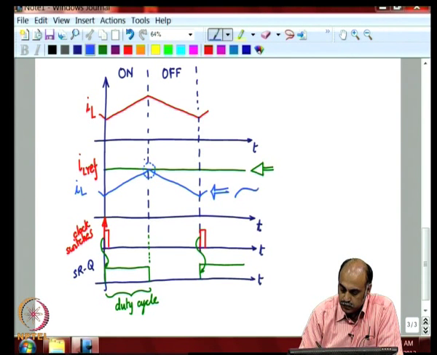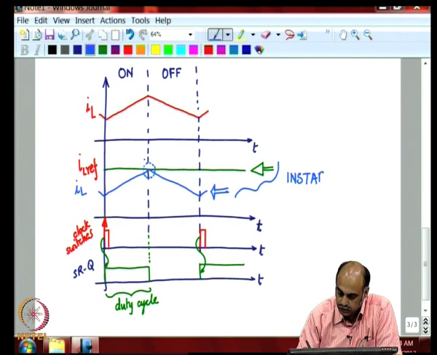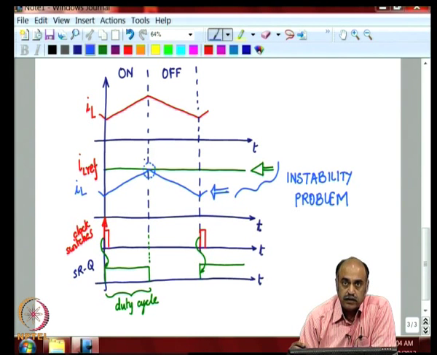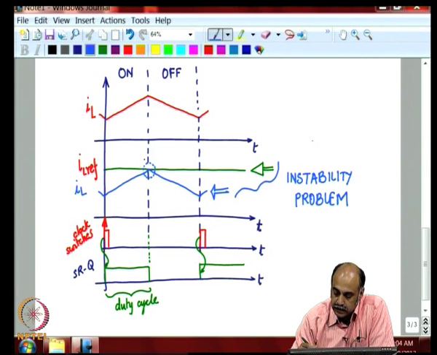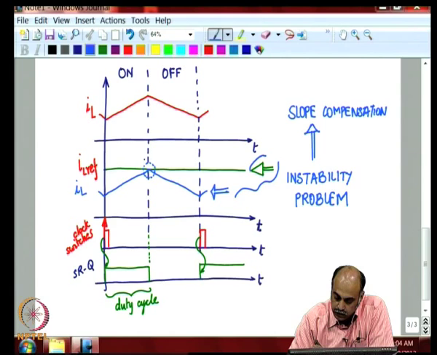So, these two give rise to an instability problem which needs to be compensated for, and this can be avoided if we do slope compensation for the reference.